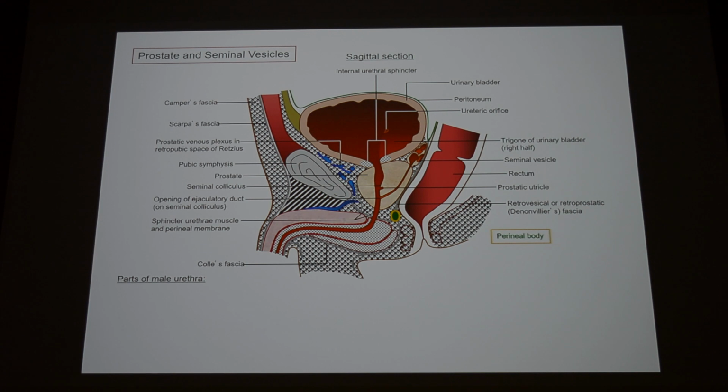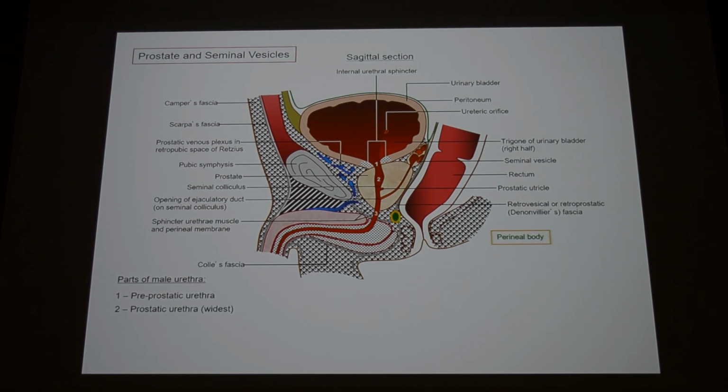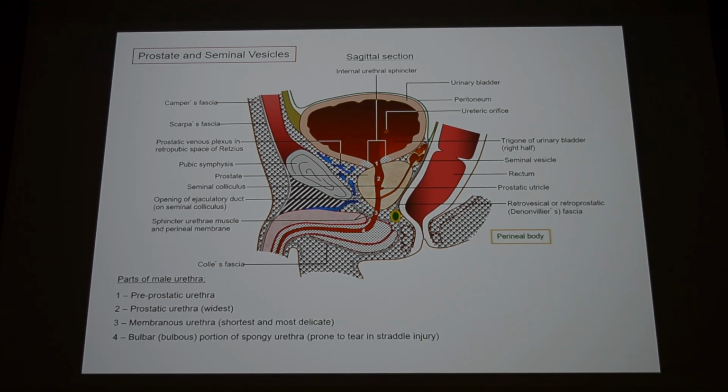So parts of the urethra, just a recap. This number 1, pre-prostatic urethra. Remember that, pre-prostatic urethra. Number 2, say it. Prostatic urethra. Number 3, membranous. Number 4, bulbar. Then it has 2 parts, spongy and penile.